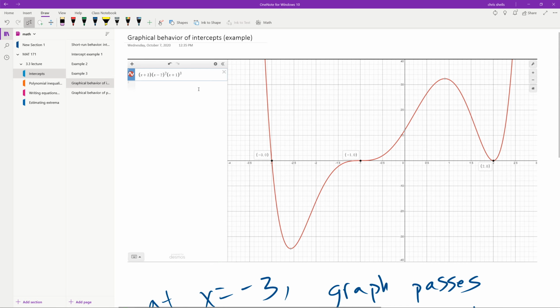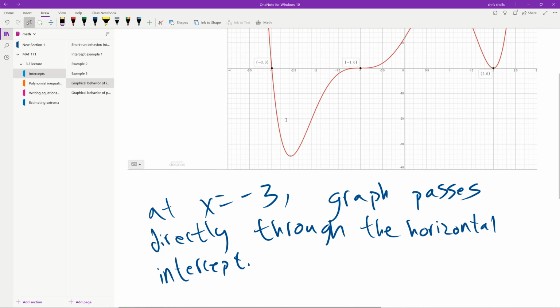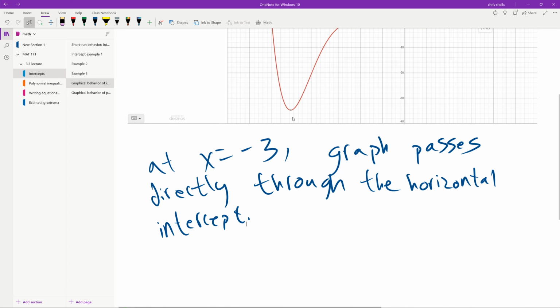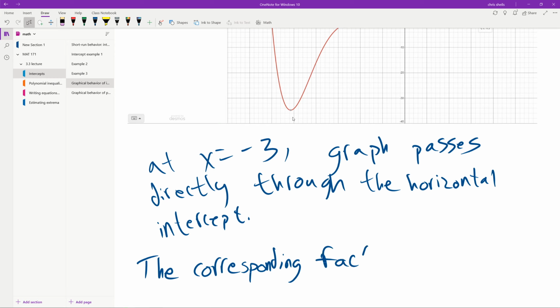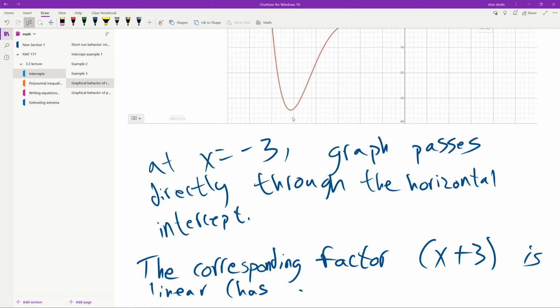The factor that gives me this intercept, x plus 3, is linear, so the behavior near that intercept is that of a line. I'm going to say the corresponding factor x plus 3 is linear. It has a power of 1. That's what we mean by linear.